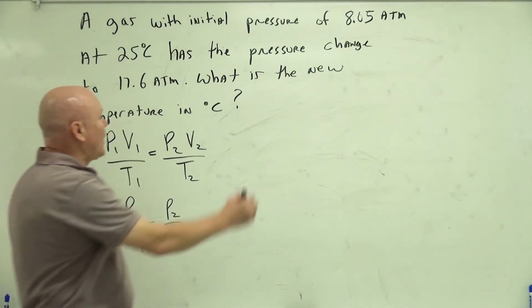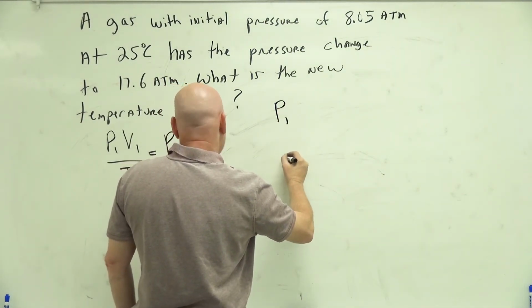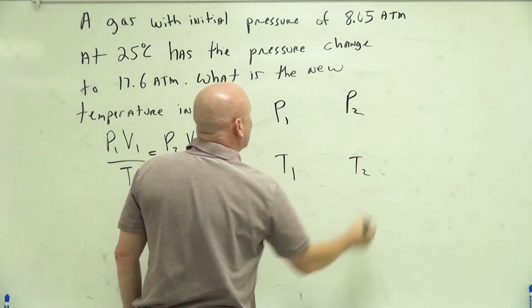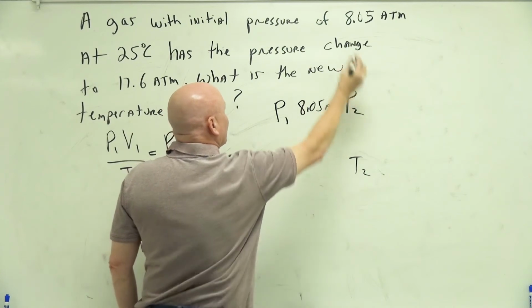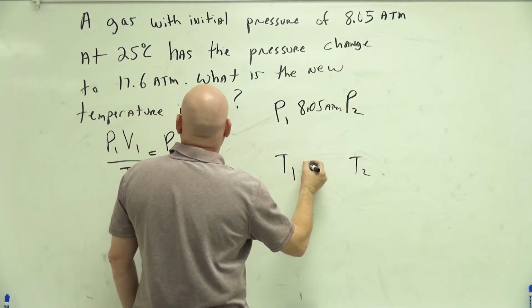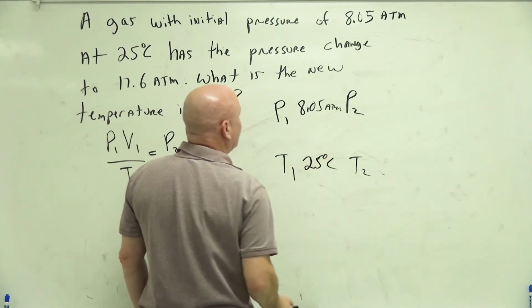Now let's go ahead and make a table, and we'll go P1, T1, and P2, T2. P1 is in atmospheres, 8.05 atmospheres. We've got 25 degrees Celsius for our starting temperature.